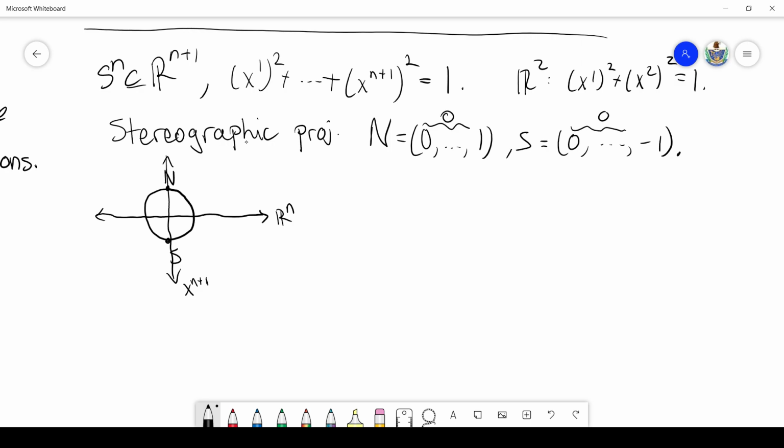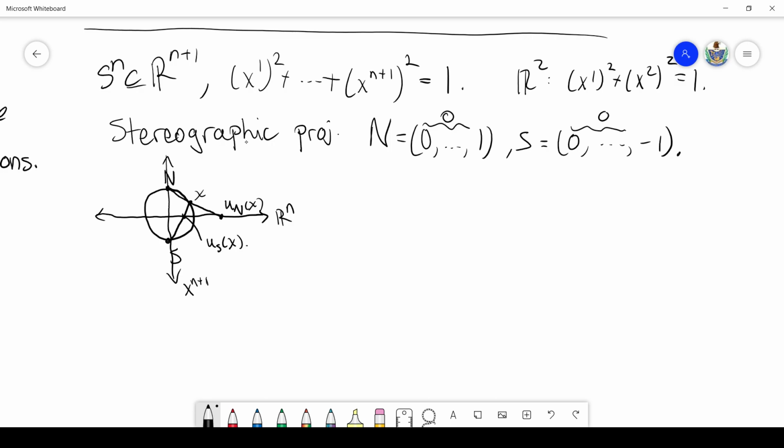Now, stereographic projection takes some point x here, and you start at N, and you say, okay, I'm going to draw a line from N to x. It's going to cross the Rn plane at some point, and we call that un of x. Or we could start at S and do the same thing, and it will also cut the Rn plane at some point, which we call us of x.